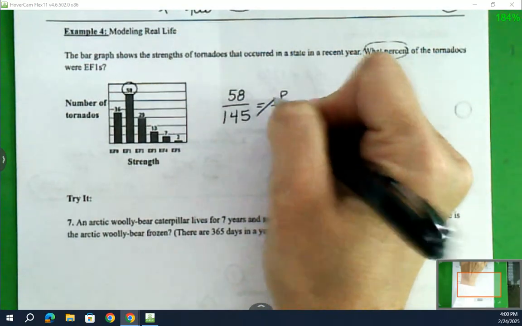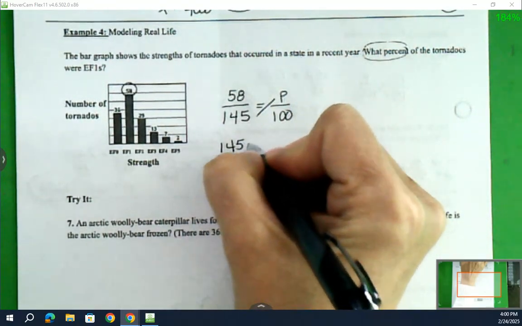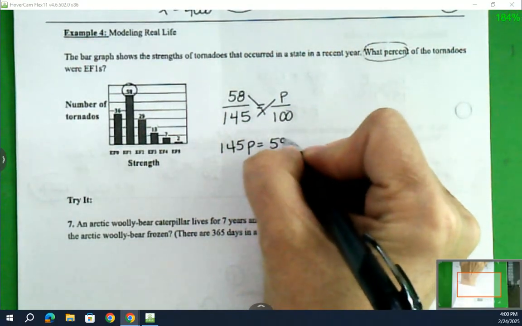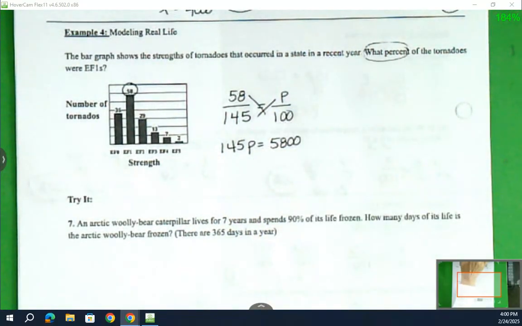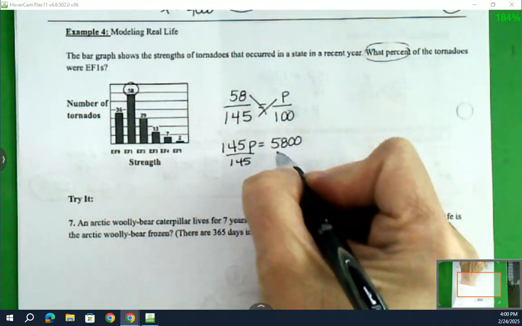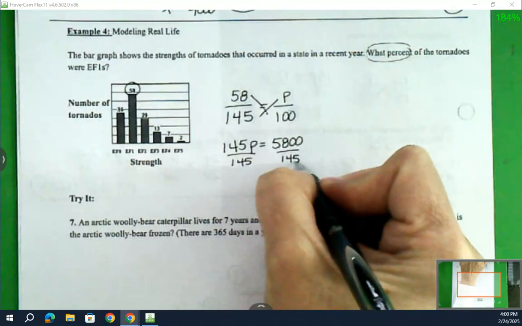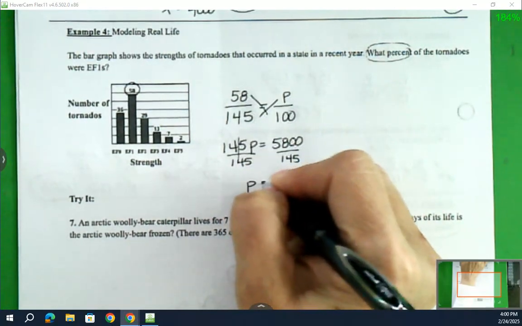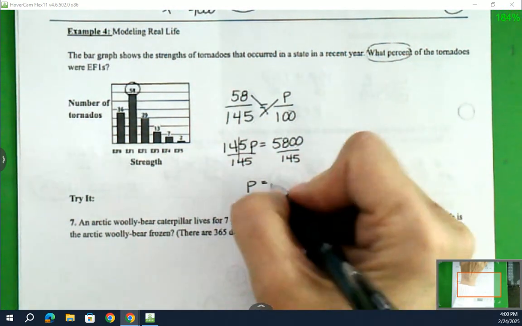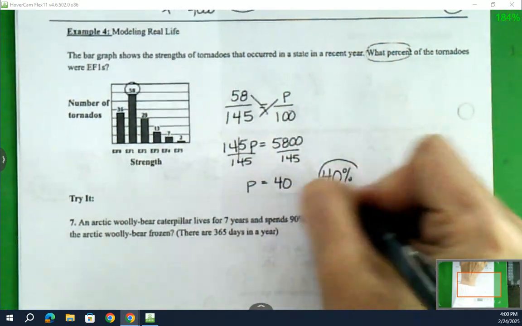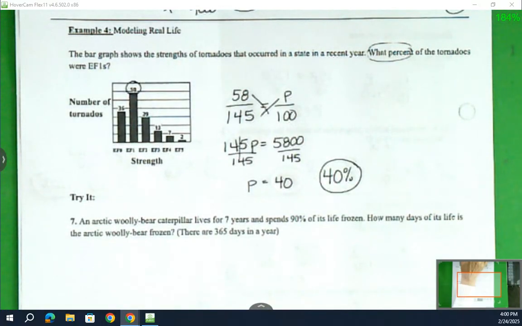So 145 times P is 145P. That equals 58 times 100, or 5,800. Divide both sides by 145. 145 divided by itself is 1. 1 times P is P. P equals 40. So that means 40%. Remember, P stands for percentage, so we need to put the percent sign in there.